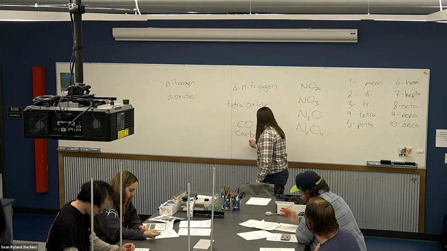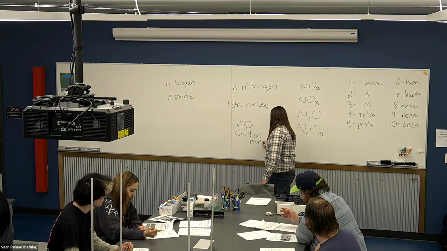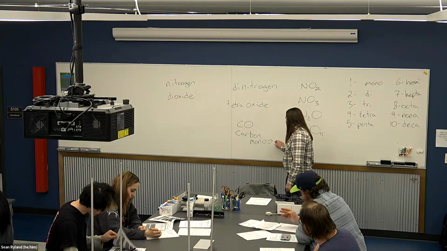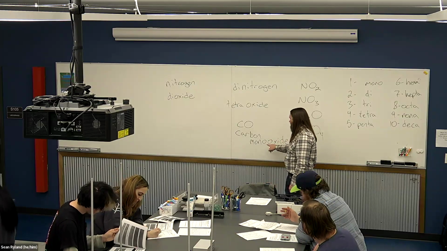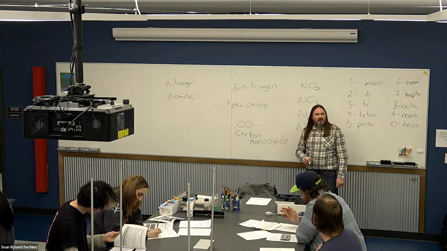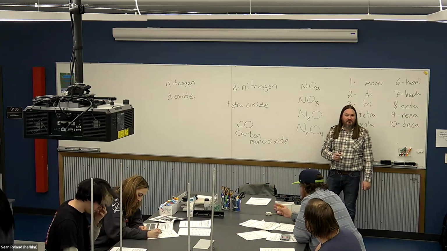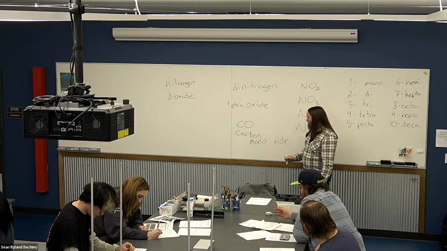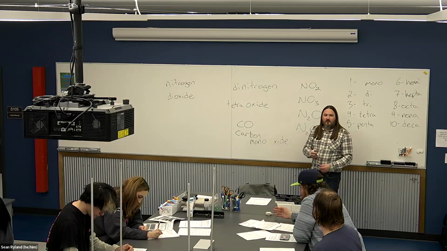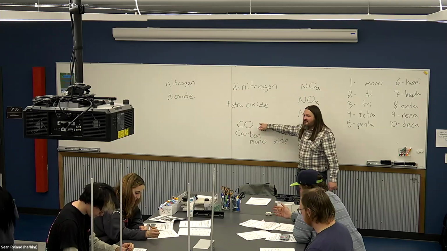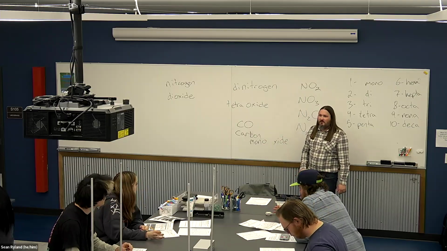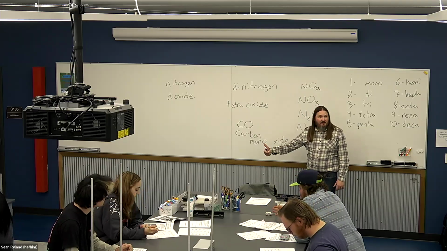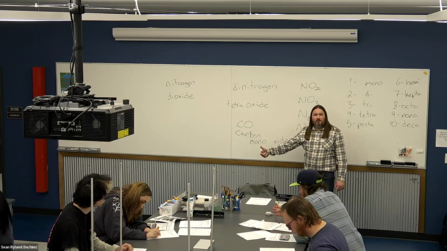And then we say, and again, this is one of those cases where sometimes the double vowels get dropped, so it doesn't look like monoxide. So we just say carbon monoxide. We just say one of the O's. Right, carbon monoxide is CO, is the formula. Carbon dioxide is CO2. Right?